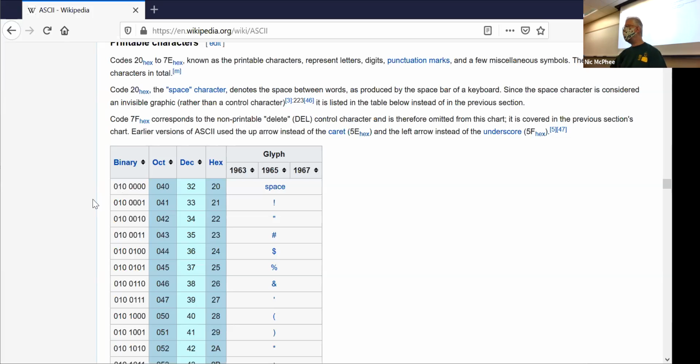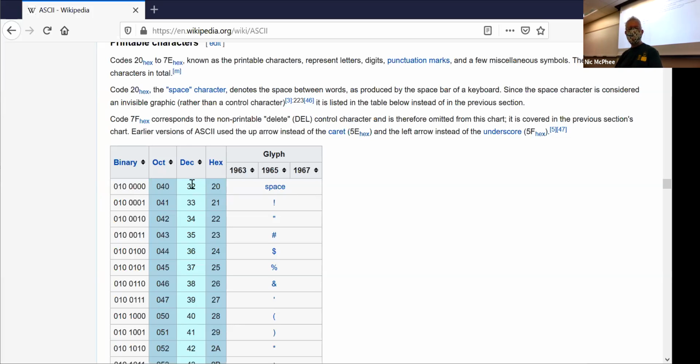And so 2 to the 5th is 32. And that's why this turns out to be 32. It's also 040 in base 8 and 20 in base 16. You don't care about those. But that's what those columns are telling you. Oct is base 8 and hex is base 16. Decimal is base 10, sort of normal numbers, and binary is base 2, what we just talked about.